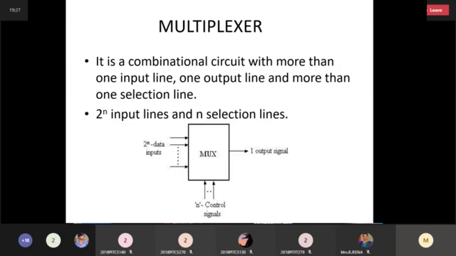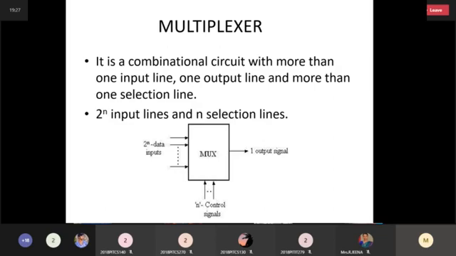First, decoder means how many inputs, how many outputs. If you are giving n inputs, there will be 2 power n outputs, right? In a multiplexer, there will be 2 power n inputs and only one output, and n selection lines.